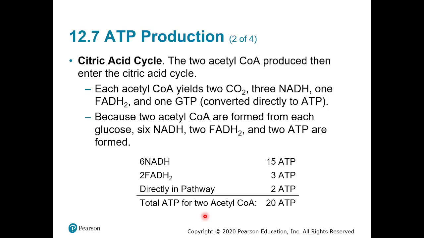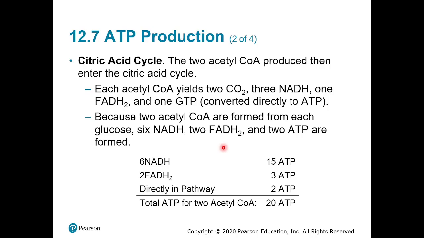Citric acid cycle, you're going to have 2 acetyl-CoAs that are produced and going into the citric acid cycle. Each of these acetyl-CoAs cycles of the citric acid cycle is going to give us 2 CO2s, 3 NADHs, 1 FADH2, and then 1 GTP, which is equivalent to an ATP. Again, you have 2 of these, so you're going to do 2 cycles of that.